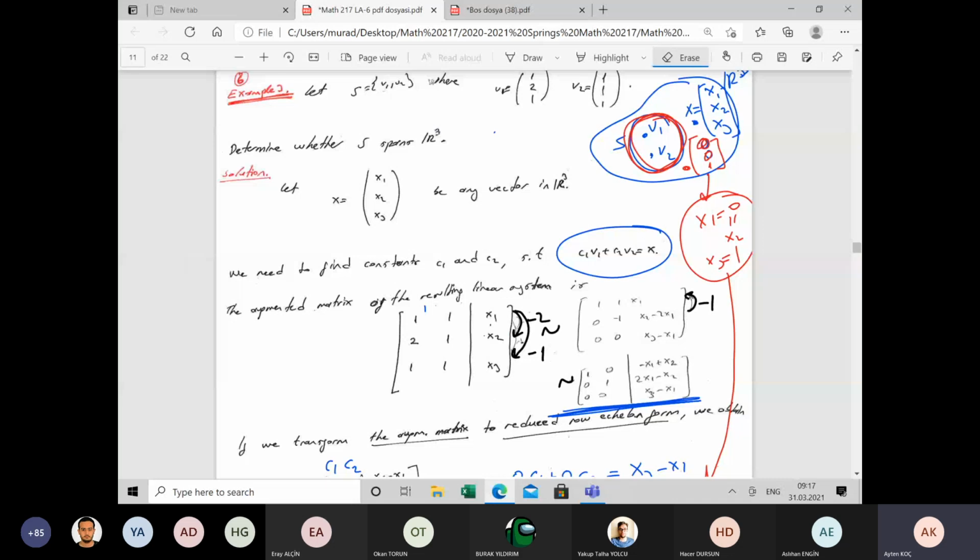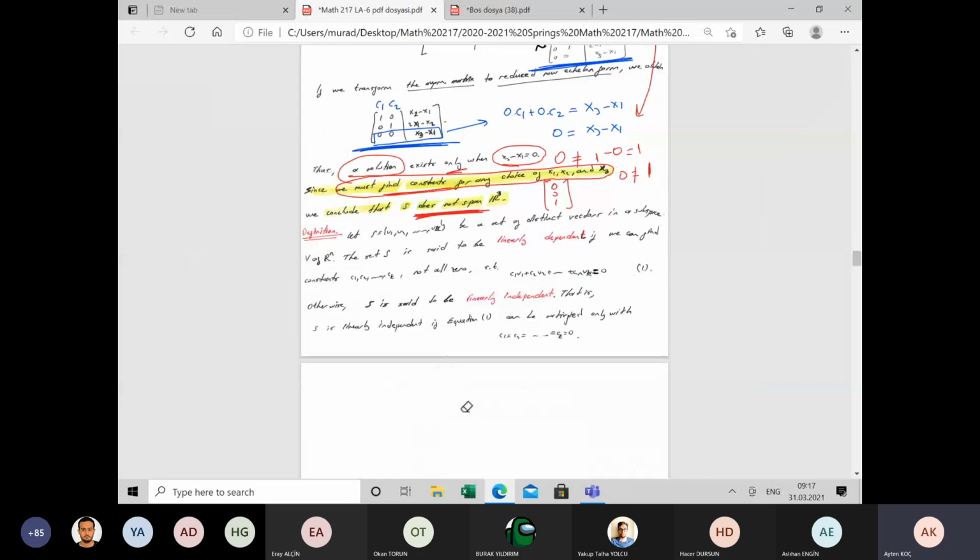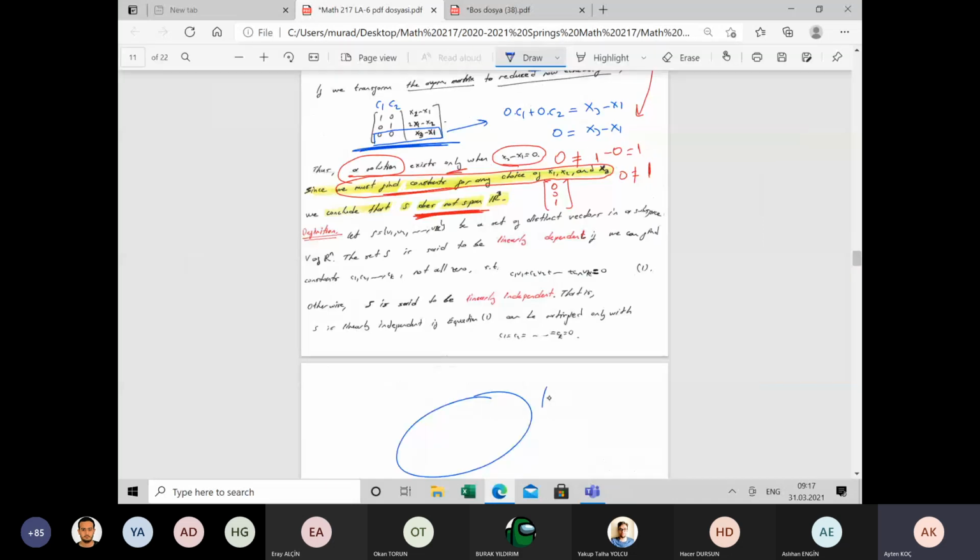It is not possible to generate it by using V1, V2. But take this vector, for example, where x3 minus x1 is 0: 1, 0, 1. Yes, generated.